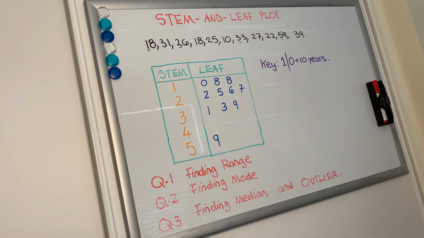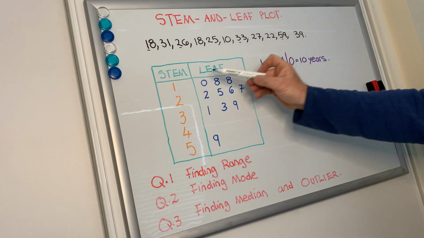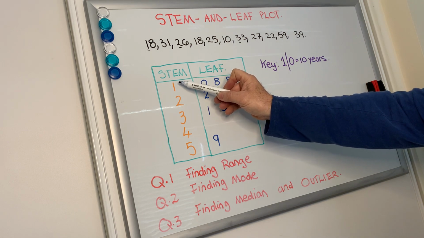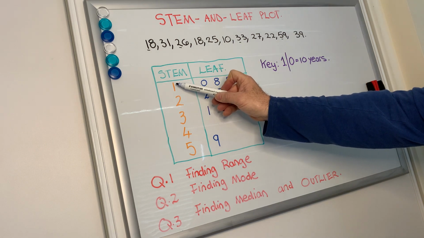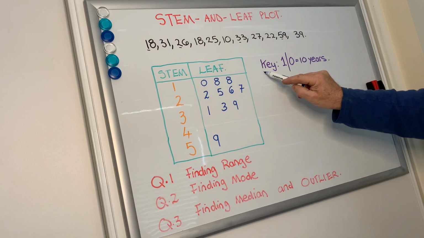So what I've done is go through and plot these values from the start. This would be 1, so group 10. The way we read this is we've got this key element here, which is really, really important, guys.